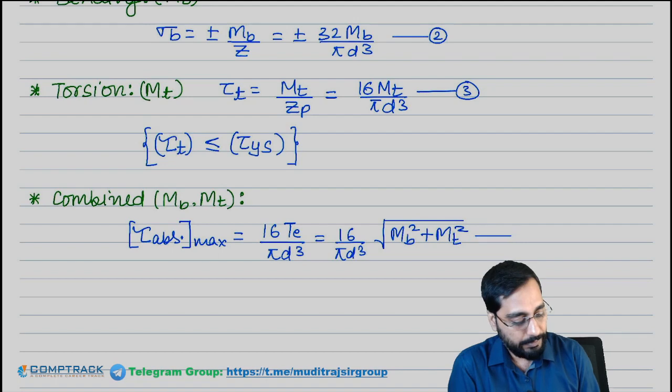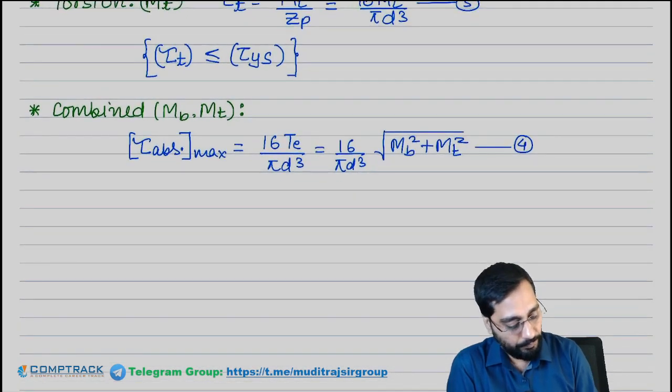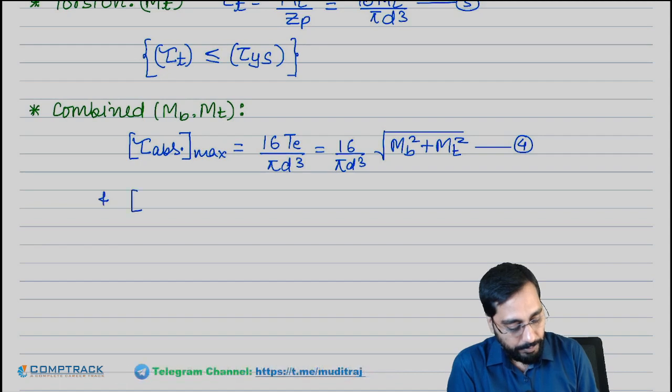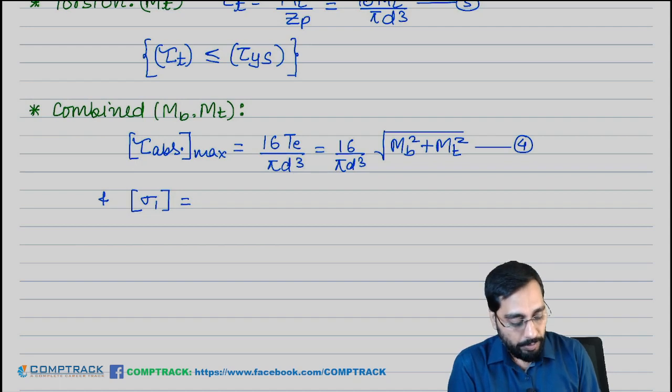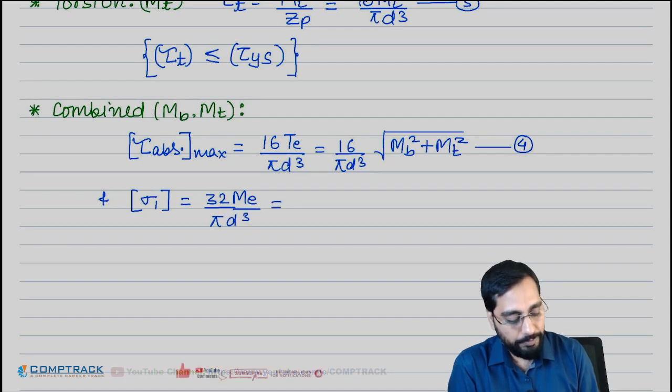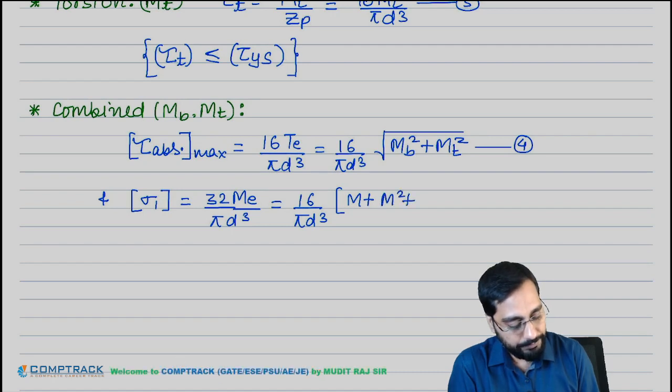And here, when you check sigma 1, it will be equal to 32 Me divided by pi d cube, and it will be equal to 16 over pi d cube into M plus under root M square plus T square.